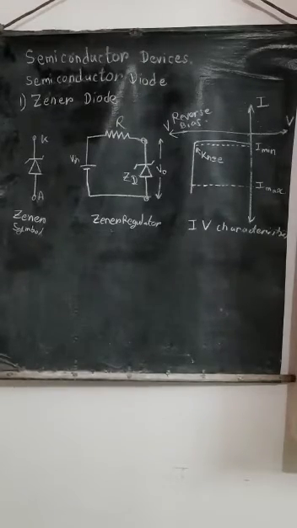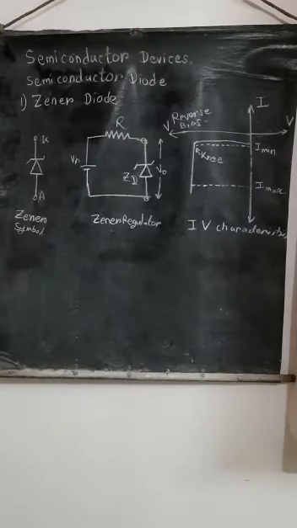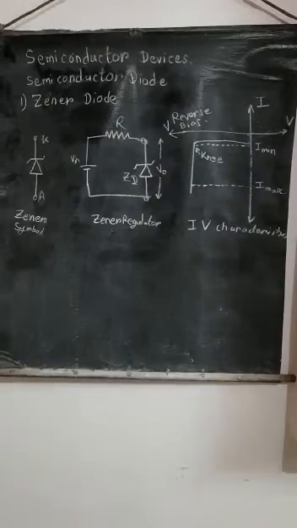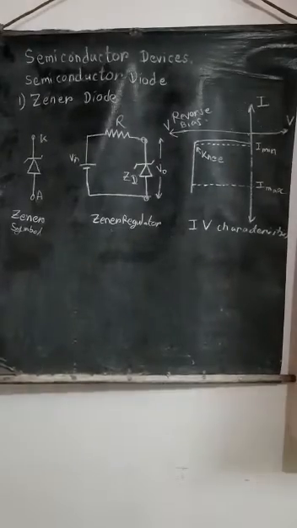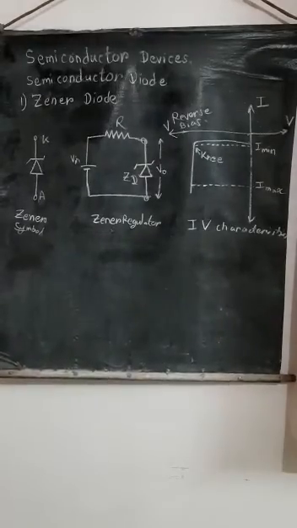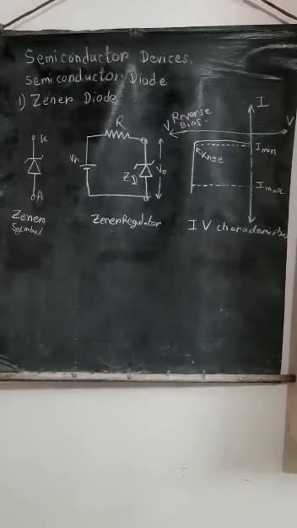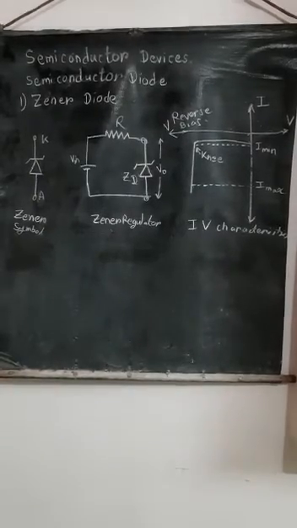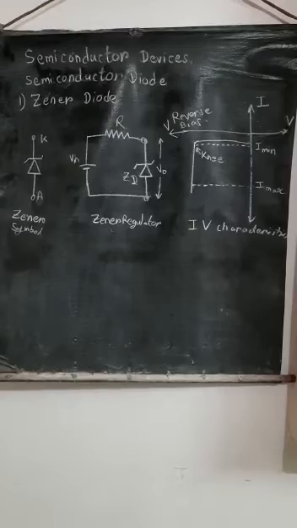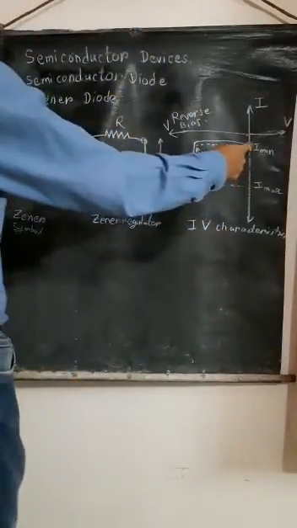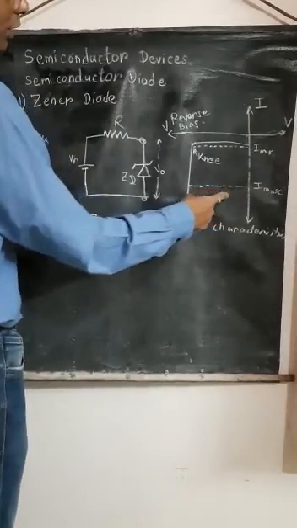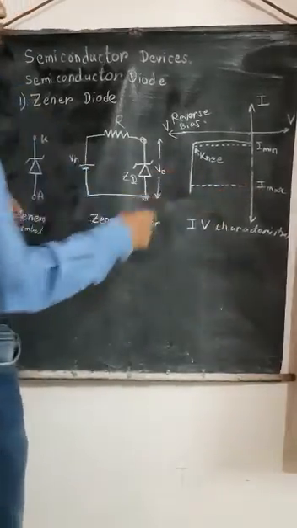Below Iz min, the Zener is not operated, and above Iz max it will get damaged. इस Iz मिन को वो कंडक्ट नहीं होता और Iz मैक्स से ज्यादा करंट होगा तो डैमेज होने की संभावना है. ठीक है.